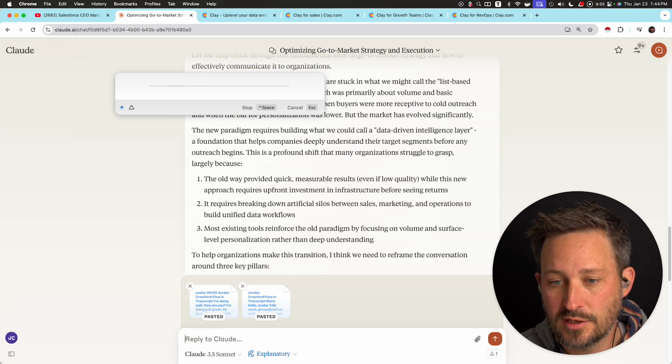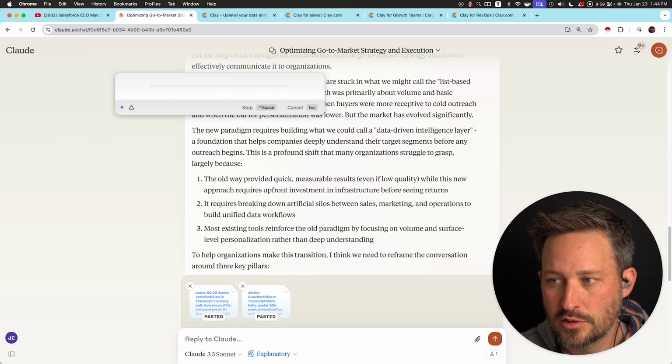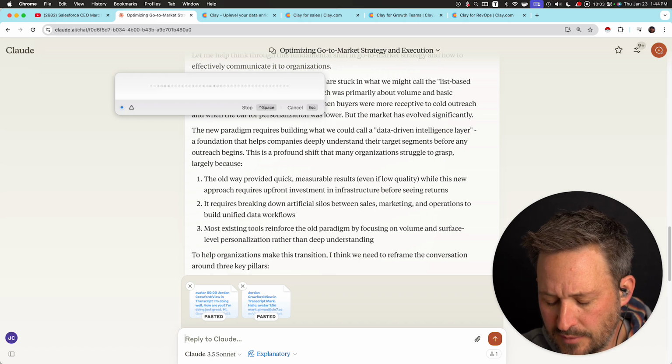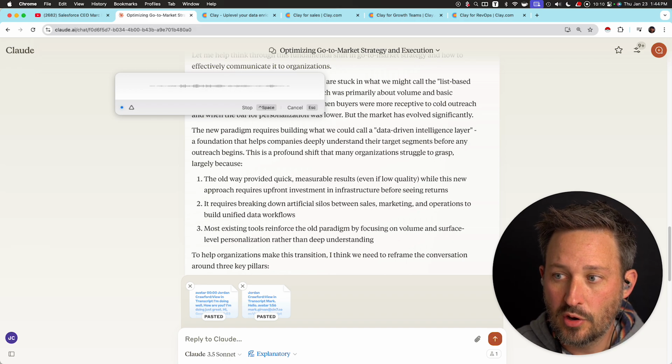He can communicate it. So can you help me think through this trend, both the transition the market's making, as well as the way in which I can position this, so people know what a go-to-market engineer is and how to get value from it.